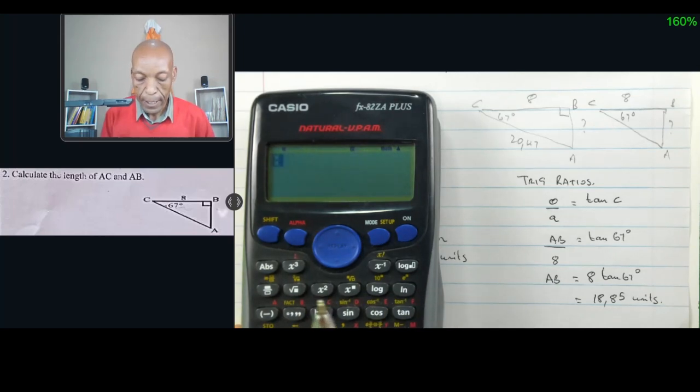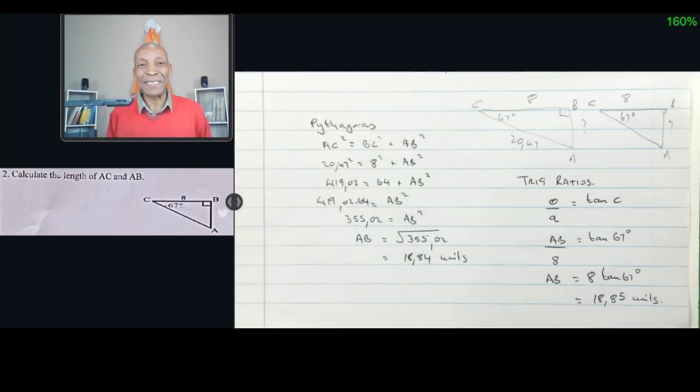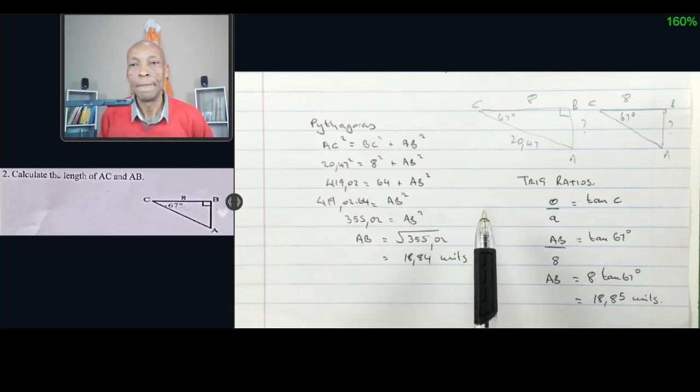So if I say 8 times tan 67, what does it give me? 18.846. Okay. It's not giving us exactly the same. Right. Okay, don't stress too much about it, guys.